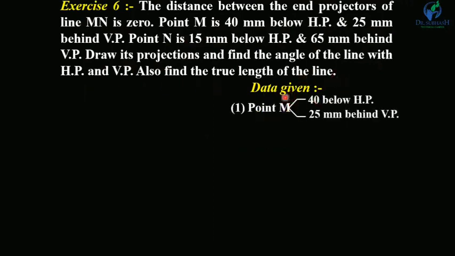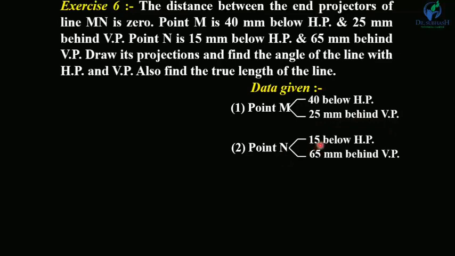So the position of point M is 40 mm below HP, 25 mm behind VP. Point N, 15 mm below HP, 65 mm behind VP. And the end projector distance is 0.